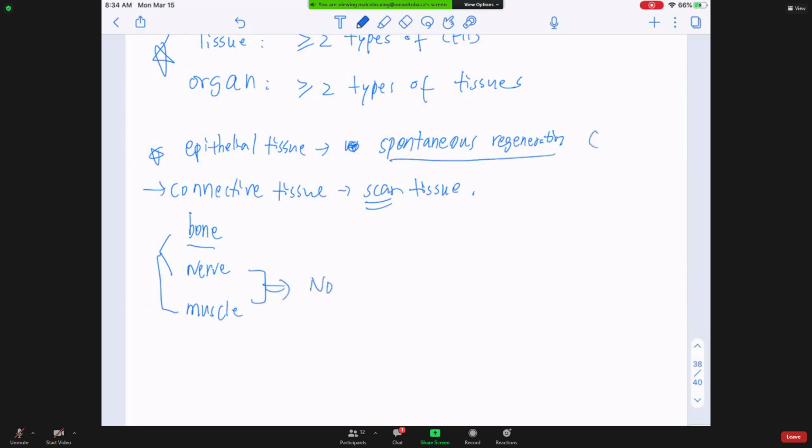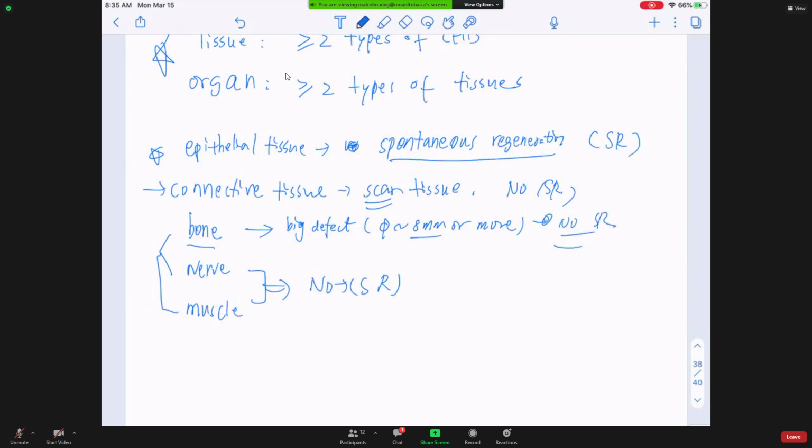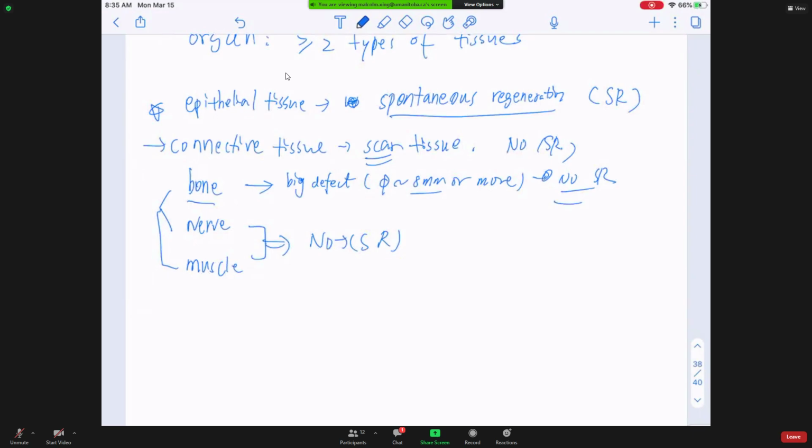No SR, right? No SR. For this one, if there is a big defect, generally around 8 millimeters or more, there is no spontaneous regeneration. So please take a look at these pictures and keep them in mind.